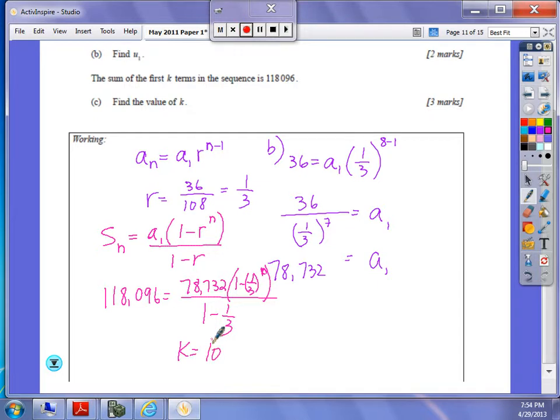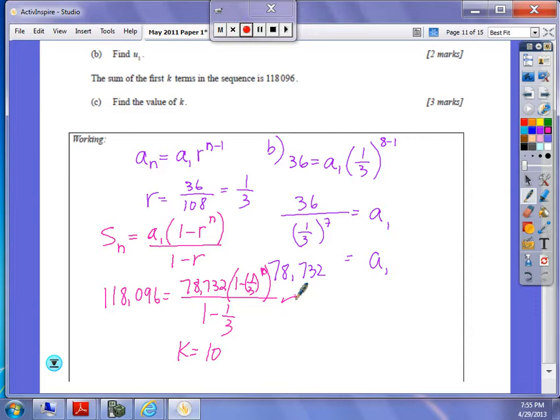Now, I'm looking at the answer key here, and they're telling me that there are a couple different ways I can do this. I could graph the right-hand side and the left-hand side of this equation and find where they intersect. Or, what else are they doing here?